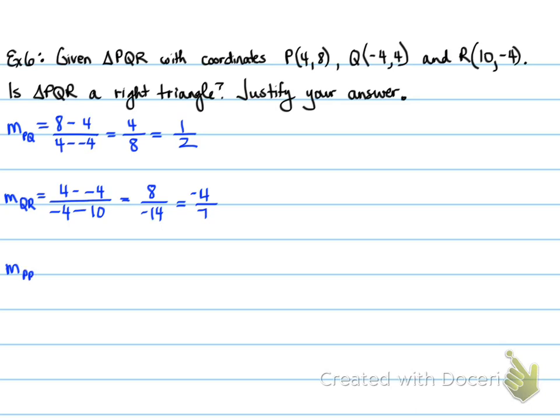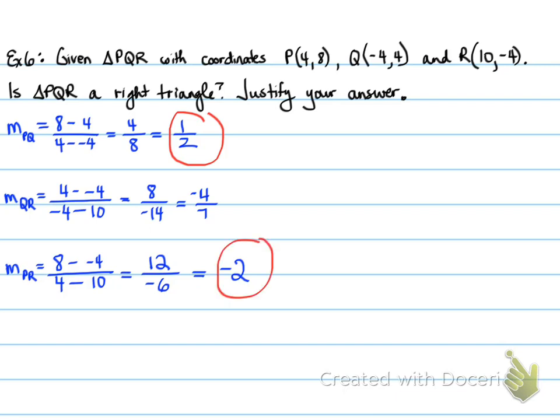The slope of PR is equal to 4, 8, and 10, negative 4. 1, 2, 3 results in an answer of 12 over negative 6, which results in an answer of negative 2. Looking at these answers, do you see what I see? Well, I hope so, and that is that 1/2 and negative 2 have a special connection.